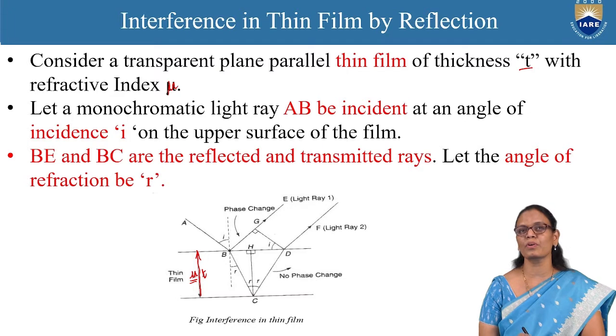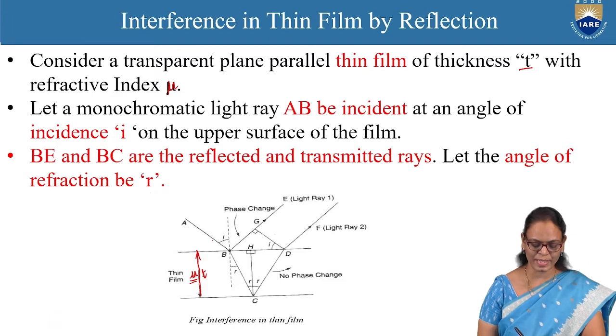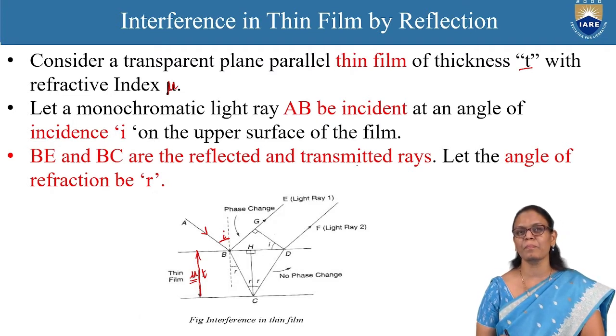Now let a monochromatic light ray AB be incident at an angle of incidence I. This is the incident ray and this is the angle of incidence on the upper surface. Now BE and BC are the reflected and transmitted rays.